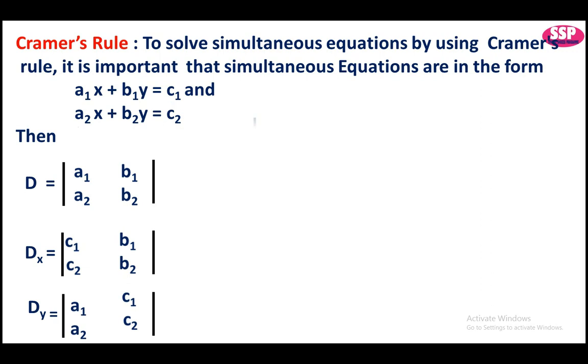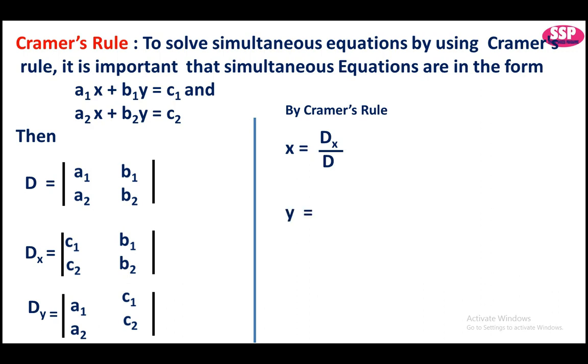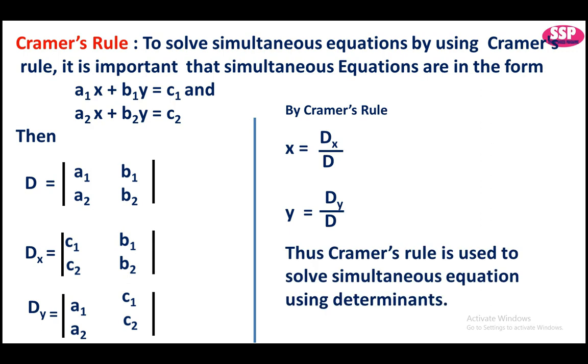By using Cramer's rule, the value of x is calculated by the formula x equal to Dx upon D, and y is calculated by the formula y is equal to Dy upon D. Thus, Cramer's rule is used to solve simultaneous equations using determinants.